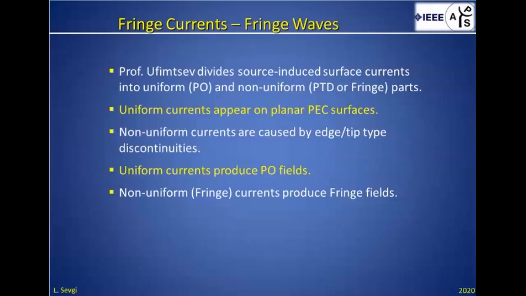Uniform currents appear on planar back surfaces. Non-uniform currents are caused by edge or tip type discontinuities, and uniform currents produce physical optics fields. Non-uniform currents produce PTD diffracted currents, which we call fringe currents and fringe fields. Next slide, please.